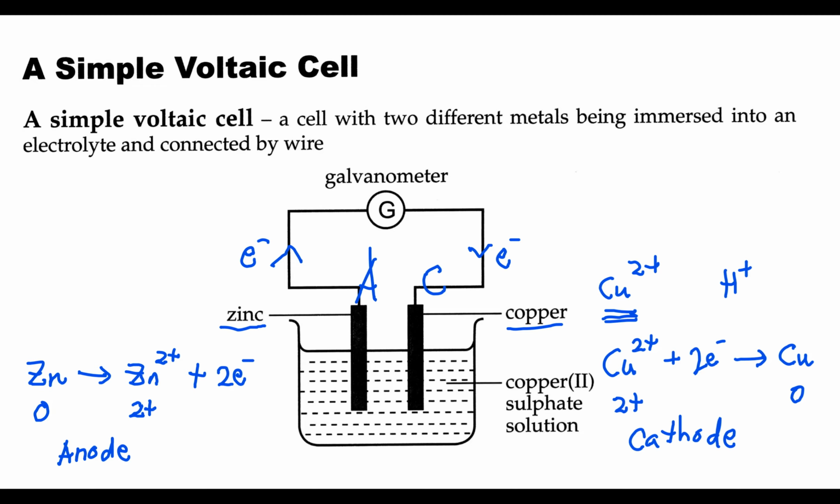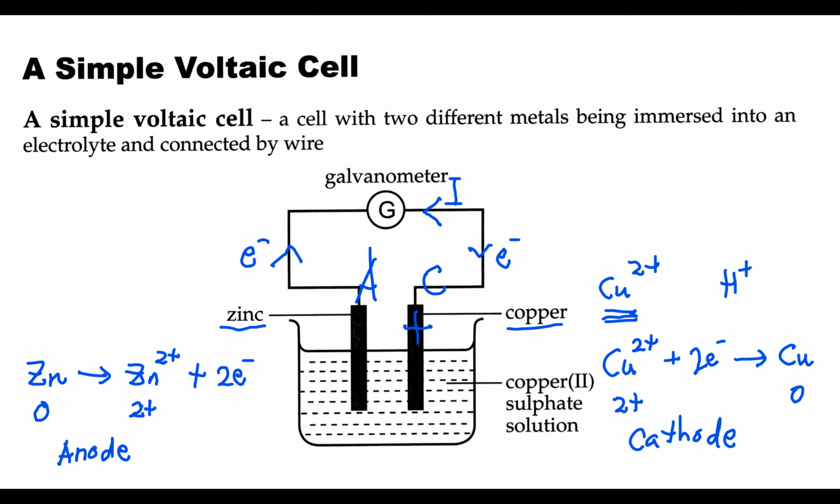Now the direction of current flow is opposite to the direction of electron flow. Since electrons flow clockwise, then current must necessarily flow anti-clockwise. But current flows from the positive end of the battery to the negative end of the battery. Now this whole cell here is a battery, and the battery supplies current from the positive terminal to the negative terminal.